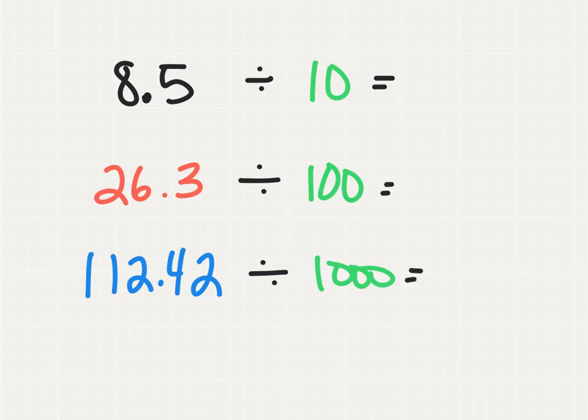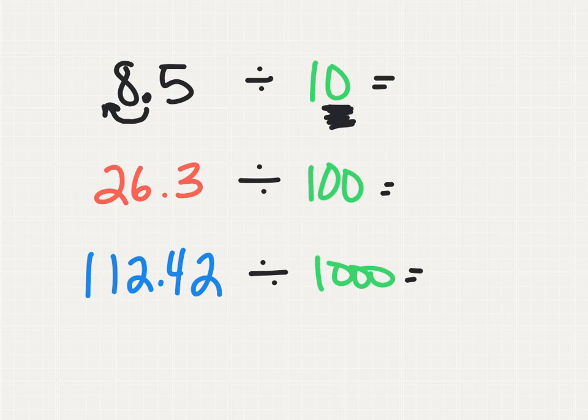Now I'm dividing. So my dividend, say for example 8.5, is going to be made smaller because I'm dividing it into 10 equal parts. So to make the number smaller, my decimal is now going to move to the left. So each zero in my power of 10 still tells me how many times to move the decimal, and division tells me to move it to the left.